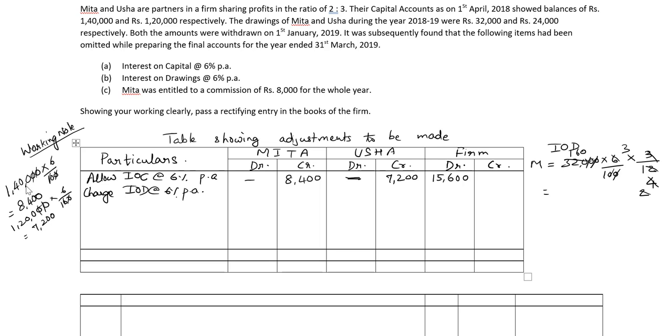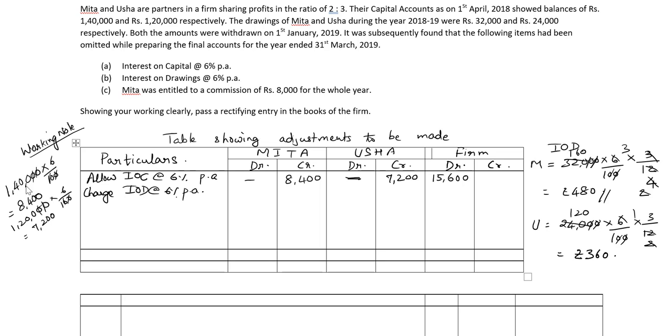₹160 into 3, which is 480 rupees for Meeta, interest on drawings, and for Usha it's 24,000 amount withdrawn by her at 6% for 3 months, which is equal to rupees 360.